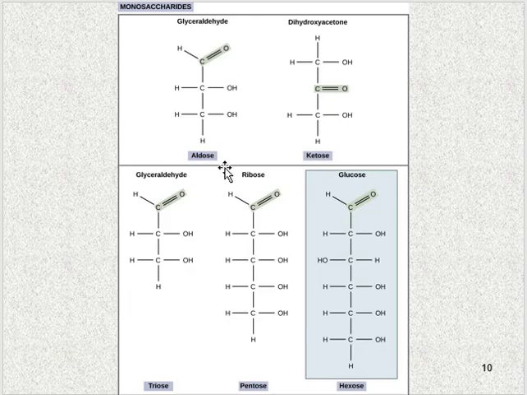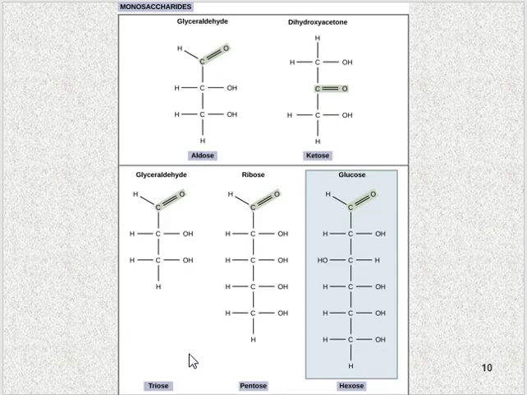This example over here on the left that I'm circling shows an aldose because its carbonyl group is located at the end of the carbon chain. This right example shows a ketose because its carbonyl group is located in the middle of the carbon chain. Now, the second set of examples shows how the number of carbons can affect the carbon chain backbone.